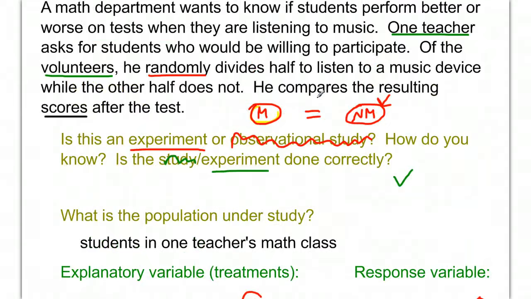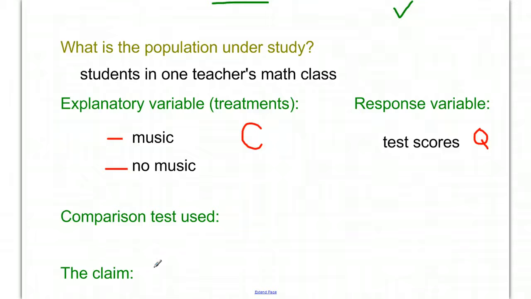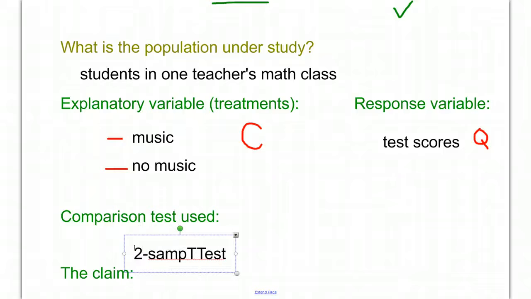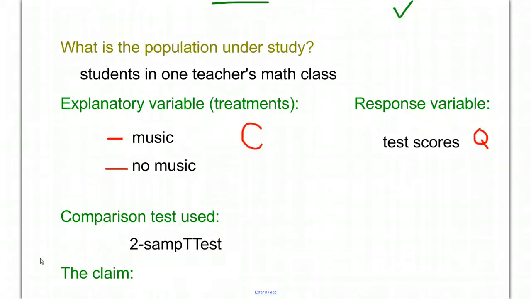It's two separate students taking the test with music and taking the test without music, not the same student taking it twice. So there are no matched pairs, and there are exactly two treatment groups. That means the comparison test that we're going to be using is the two-sample t-test. The two-sample t-test will be the calculator test that we'll soon use to do our analysis.